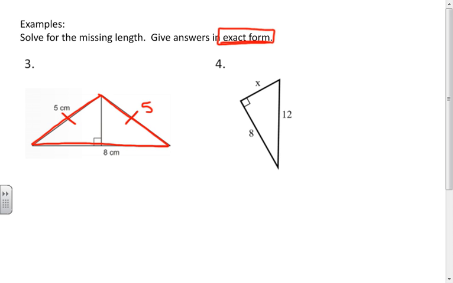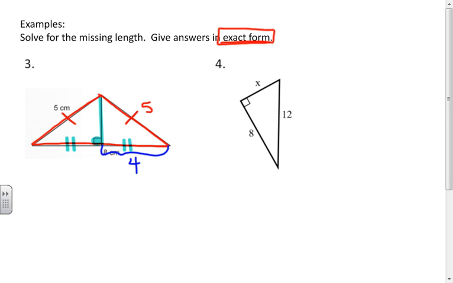Initially, that doesn't seem to fit our Pythagorean theorem, but I do have a right angle right there. And if I remember back to the first unit, if I have a perpendicular and these legs are equal, that means that perpendicular is the perpendicular bisector, which makes those pieces equal, which means this piece right here is 4.